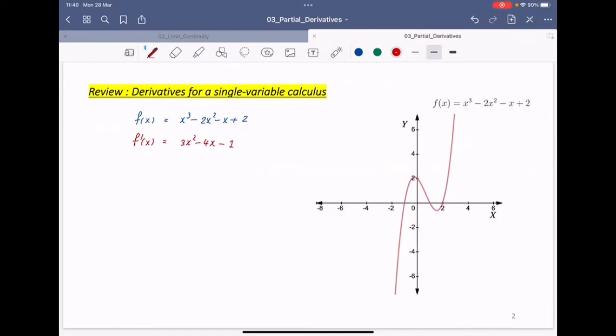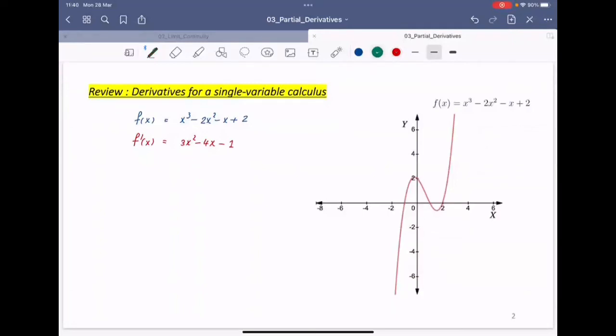Otherwise, you cannot differentiate. In differentiation in two dimensions, we have two ways to do it: differentiate with respect to x or differentiate with respect to y. We're going to define it properly on Wednesday.